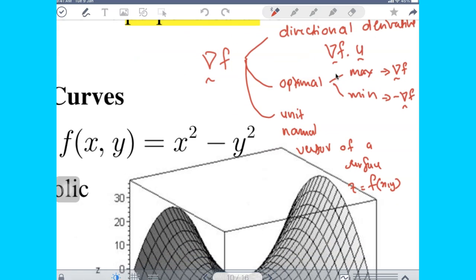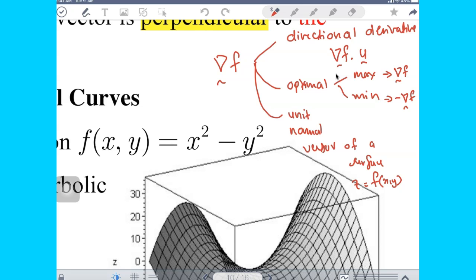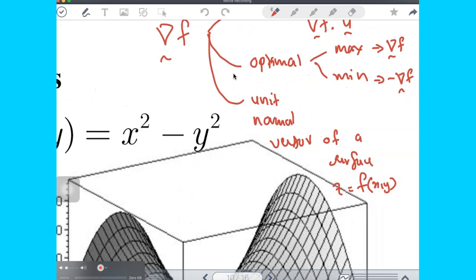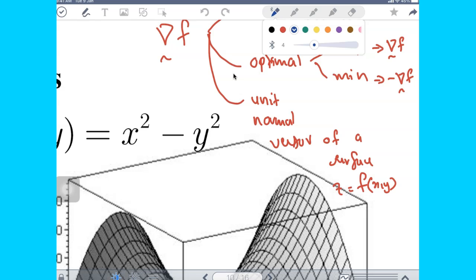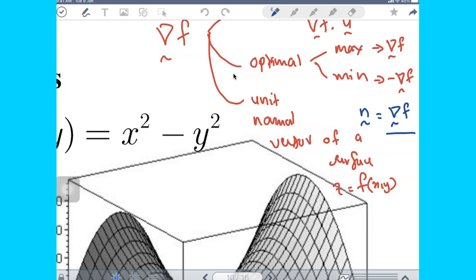Today, in this video, I want to share with you how we can compute the unit normal vector using gradient F. For your information, I give you the formula straight away. The formula to get the unit normal vector is to evaluate the gradient F and divide it by its magnitude.